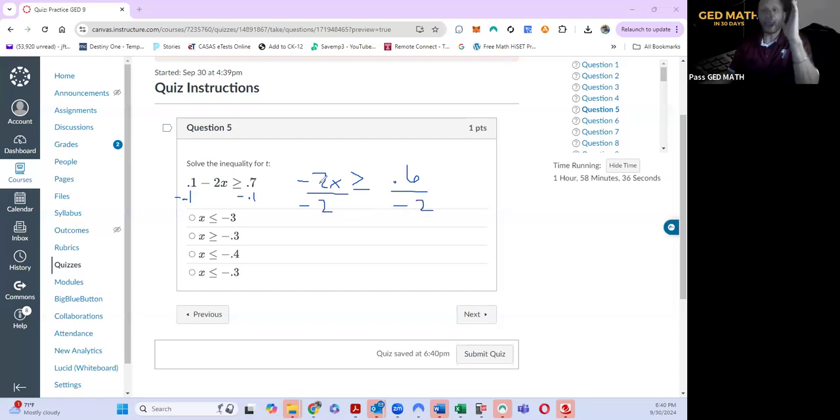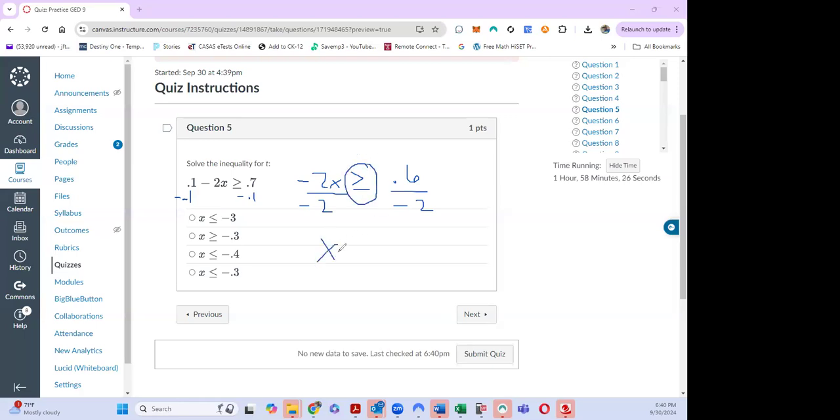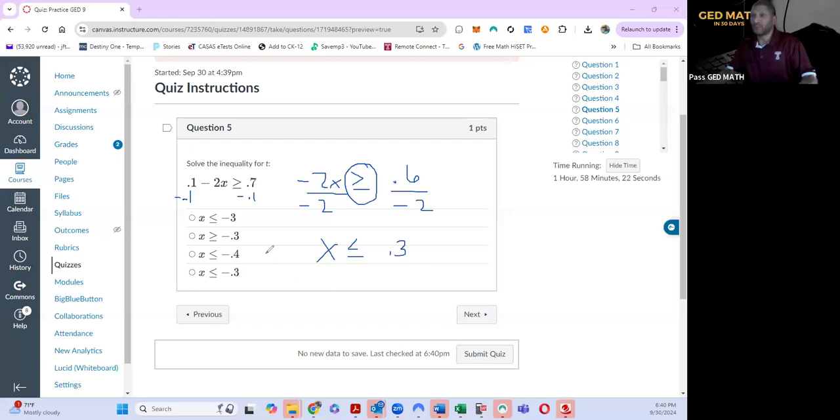But Mr. Tenzi said, if I'm trying to isolate the variable and I multiply or divide by a negative, I need to flip the inequality sign. Yeah. Boom. So now I get x less than or equal to -0.3. So I know it's not greater than. Think of my answer right there.